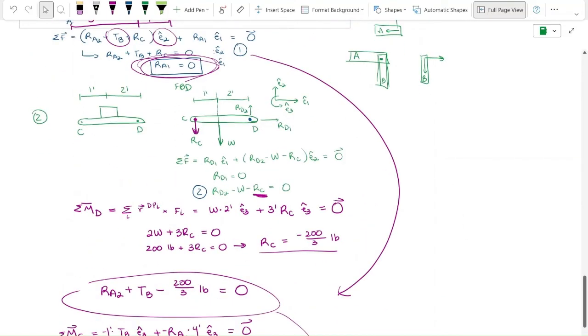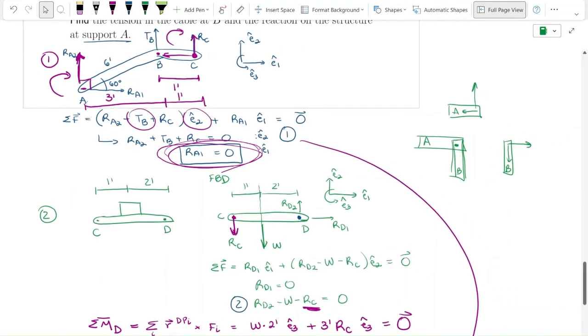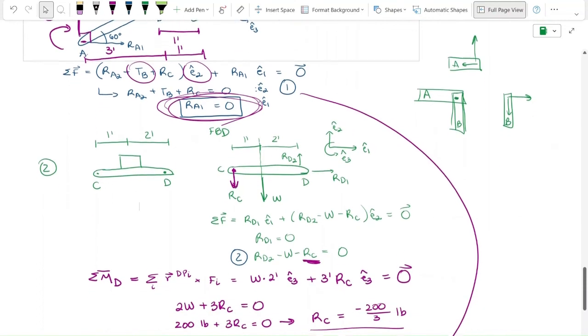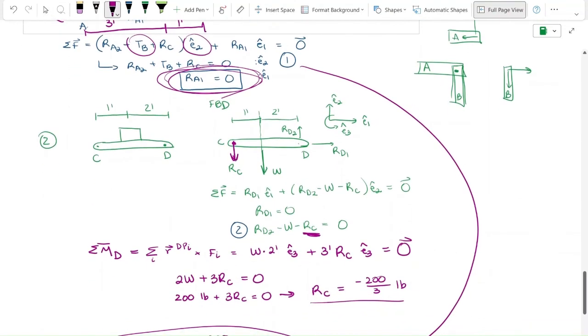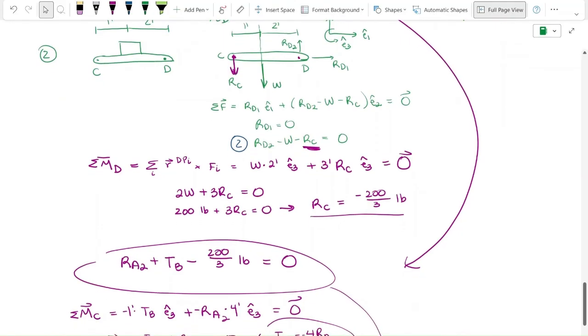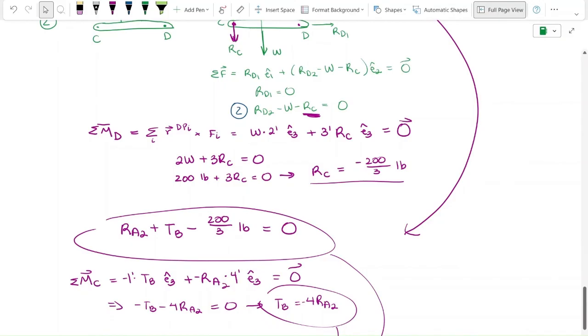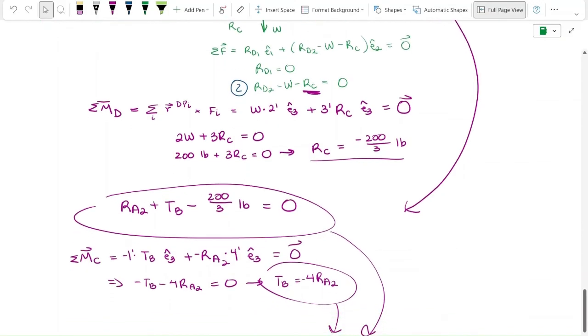And then you can do sum of forces, and then you might just have to think a little bit and look at the forces and consider what points you should take the moment about, because whichever one you choose will make it easiest on you to find the variables you need.